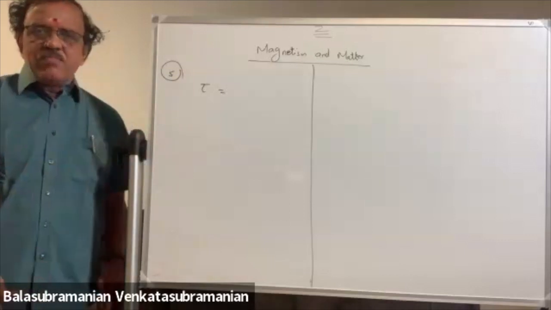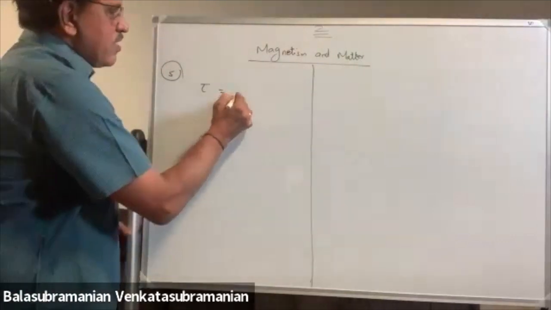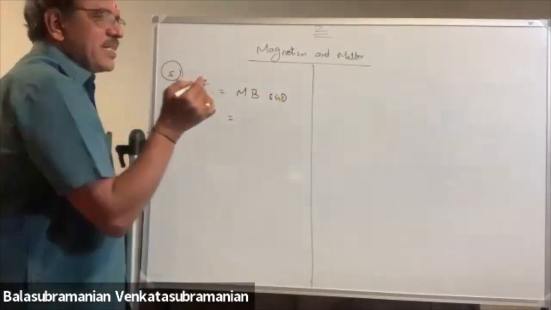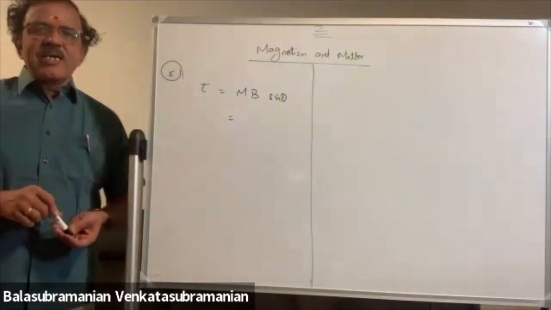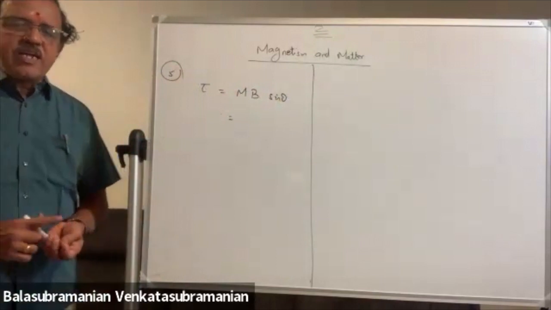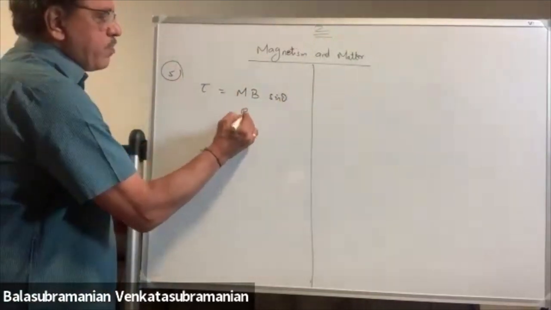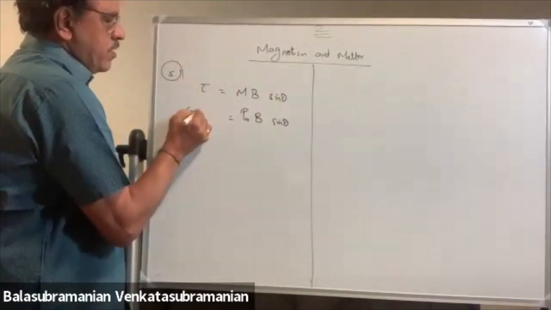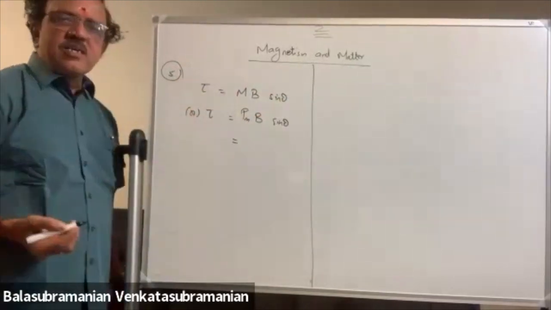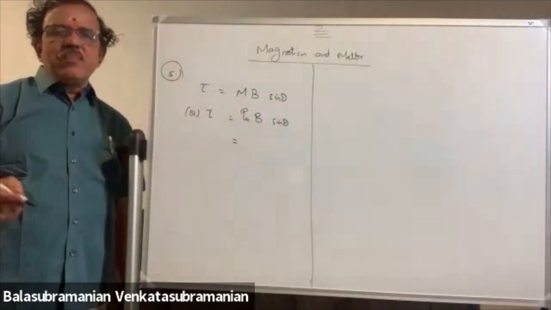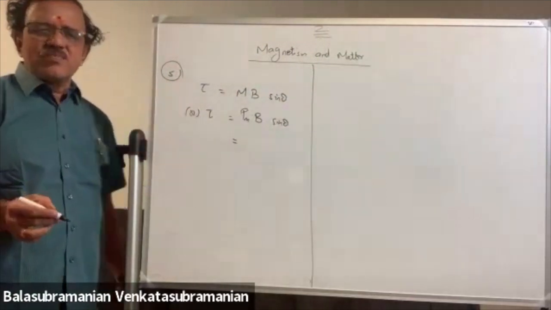Here, same, but MB sin theta. There it is the electric dipole moment, this is the magnetic dipole moment. M you can write, or you can put PM. There electric field E, here magnetic field B. Same concept.